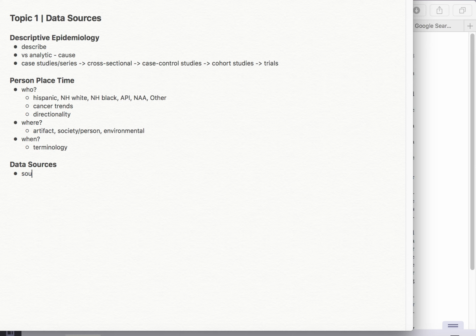So we talked about sources. Here, let me type advantages and limitations of each kind. And then it's also helpful if the textbook gives you certain things like NHANES or HHANES. Those are examples of what kind of study, what kind of information. So a cancer registry, that's an example of what.